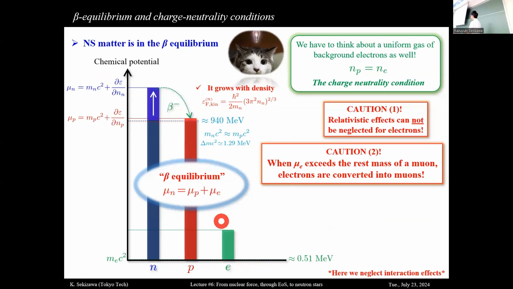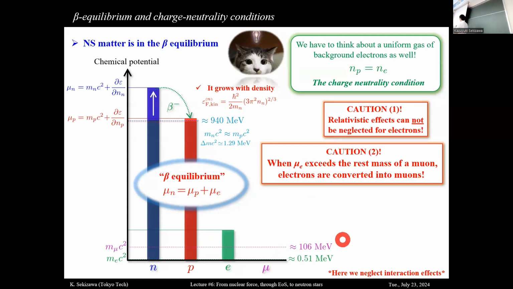Okay, so now, we have learned what is beta equilibrium condition and charge neutrality condition. But the situation can be changed further. If we go higher in density, then this chemical potential of electrons grows. And at some point, it can exceed the rest mass of muon.